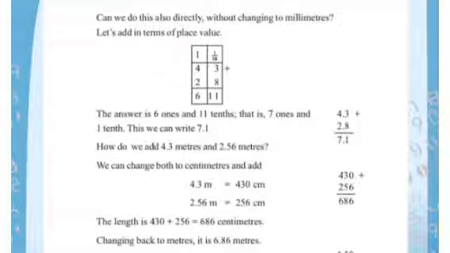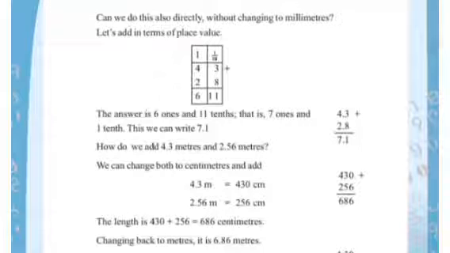After the decimal point, it is the 1 by 10th position first. When we add 3 plus 8, we get 11. Put the 1 there with 1 carry. Okay, 4 plus 2 is 6, 6 plus 1 is 7.